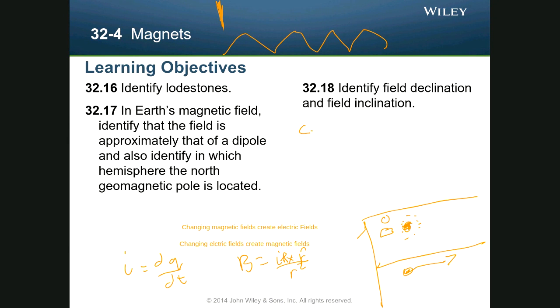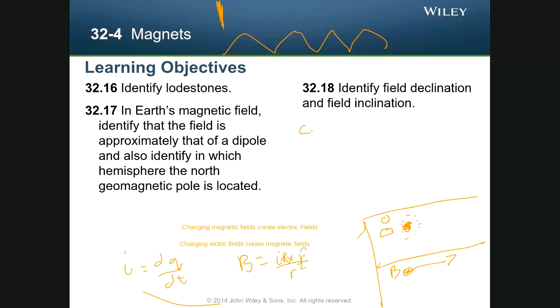So we know that if we have a current, we're going to have a magnetic field. So out here, you would measure B. So now the question is, is there a magnetic field or isn't there?